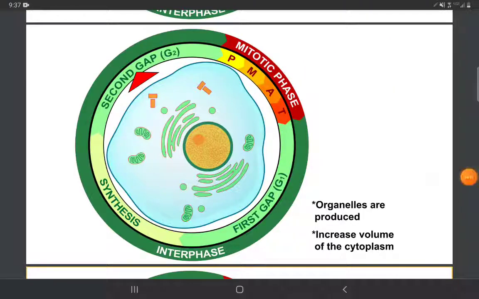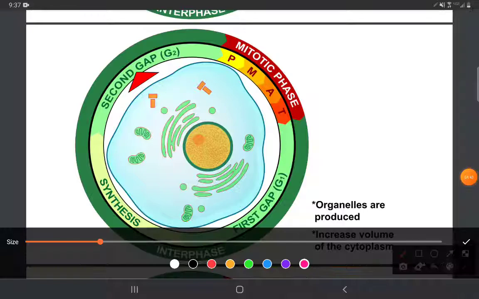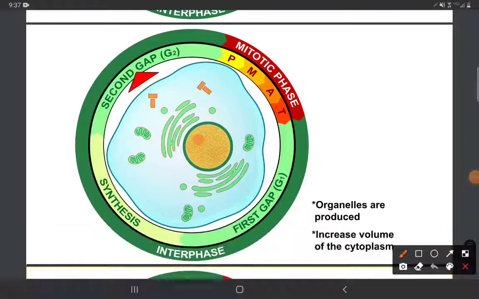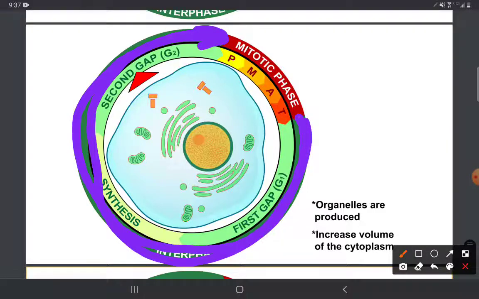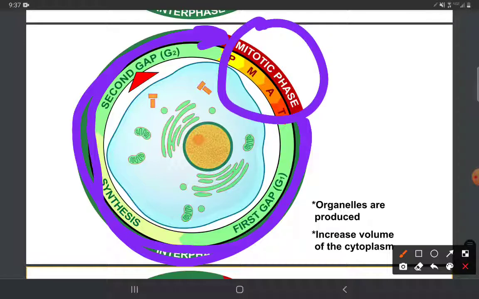So basically, through all of interphase, we have been preparing for the next phase by doubling everything. We have also been carrying out normal cell functions, like for example a heart beating or an adipocyte storing fat.